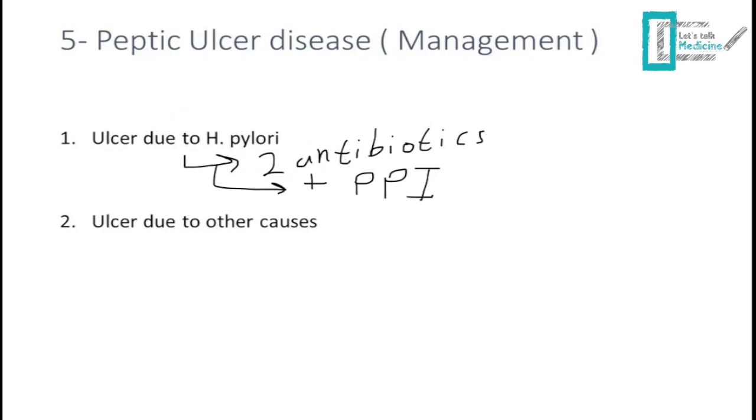I won't be talking much about the pharmacological management of peptic ulcer disease, and that's because a colleague of mine will do another video talking only about that. Now, for peptic ulcer due to other causes like smoking, like NSAIDs, for smoking, it's better that the patient stops smoking because smoking also delays ulcer healing.